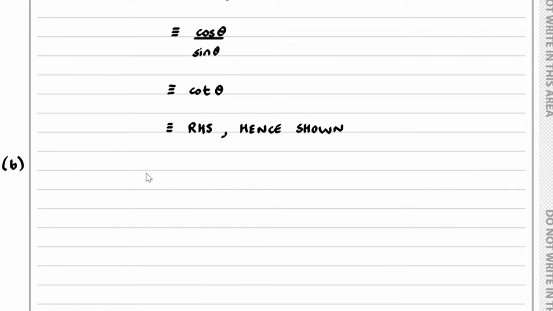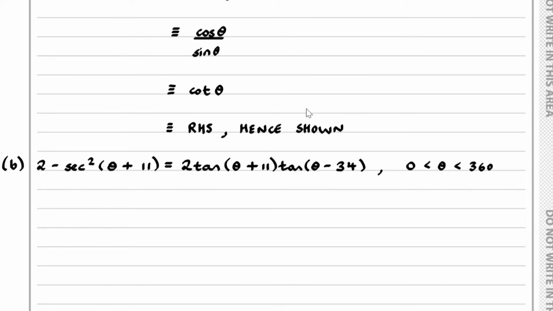So, for part B of the question, we have our given equation here, and now we can use the identity for sec squared, which is 1 plus tan squared.